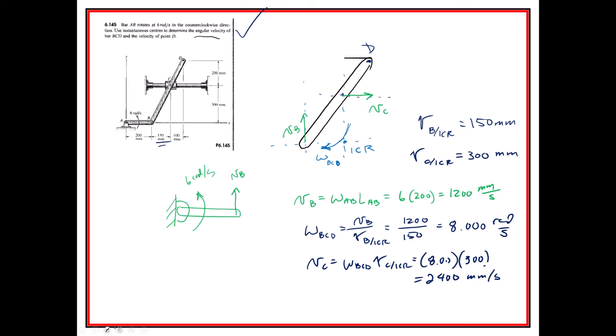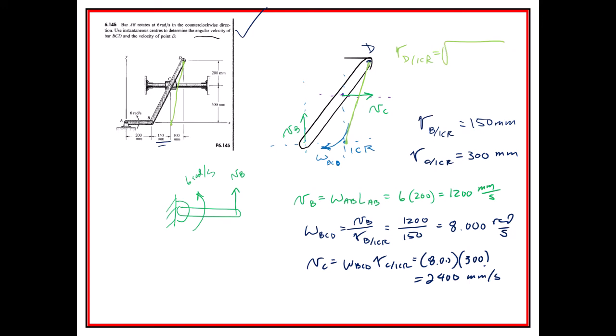And then a little bit more challenging is if you ask for the velocity at D. Now we got to get this distance right there, and that requires us to do a little bit, not too much, because that's just going to be R D with respect to ICR. This distance, right? That's going to be that distance.